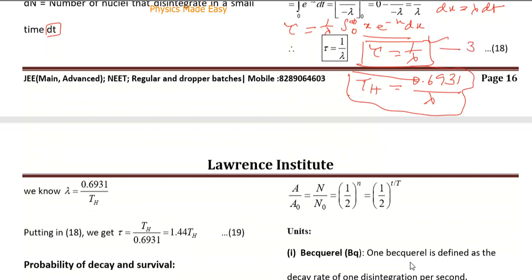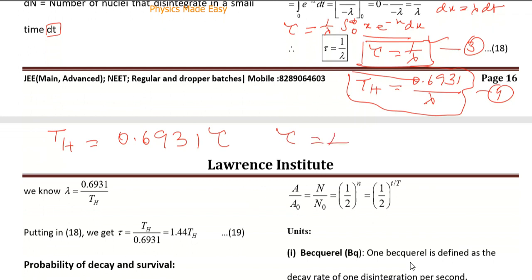Let it be equation number 3 and equation number 4. Half-life T half is equal to 0.6931 into tau, where tau is the average life.